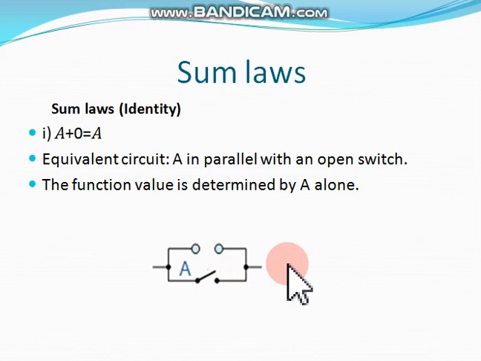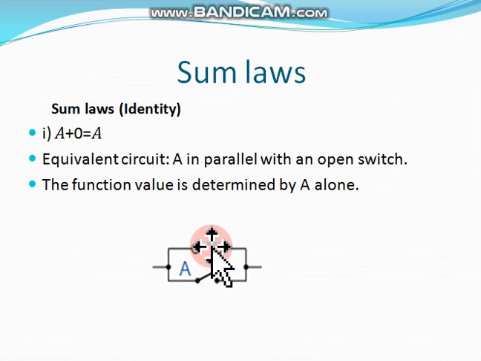So meaning if A was 1, our result will be 1, because 1 means the bulb will go on. But if A is 0, the switch will also be open as it is, and current will not go through, because both paths have open switches, so current can't go through.